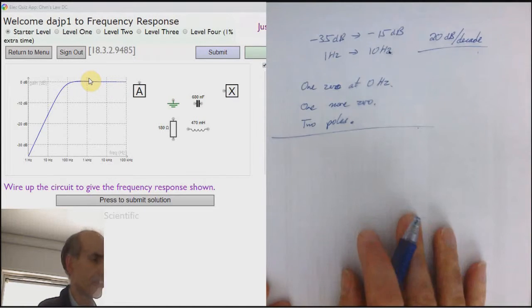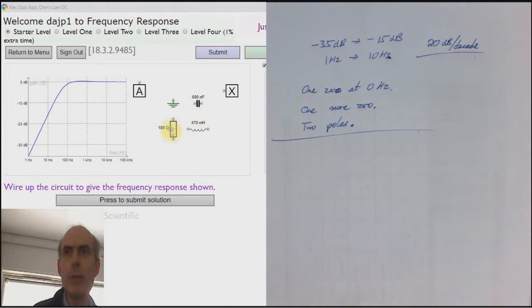Right. We've got a 180 ohm resistor, a 680 nanofarad capacitor, and a 470 millihenry inductor. We know there is 1 zero at 0 Hertz. Now there's 2 ways you can get a 0 at 0 Hertz from a series of components like this.